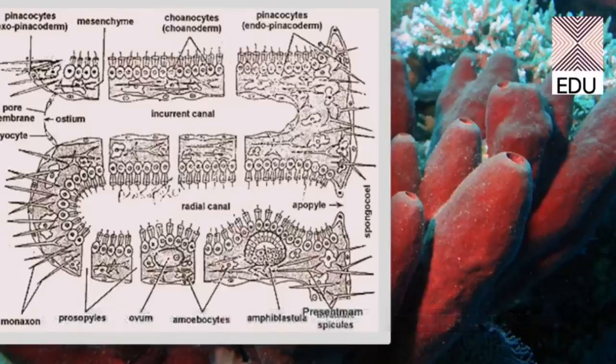And here one thing is worth mentioning, that the ostium is covered with myocytes. It is having myocytes on the entry point. So myocyte is a muscle cell which can relax or contract. So that means the pore inside this particular ostium can be contracted or relaxed.